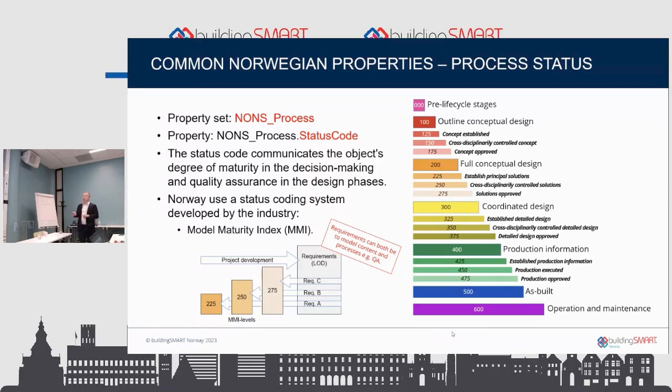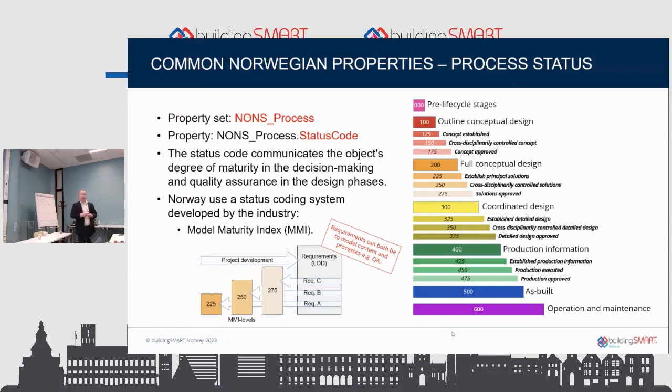You can add your own in between. You should not rewrite these. You should use these as they are, but you can make your own in between. And of course, they are set up with a number of requirements. The requirements are both for the model content, but also include the processes around it, for example quality assurance and decision making.